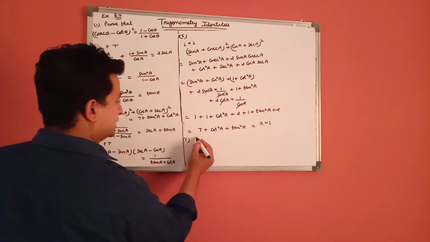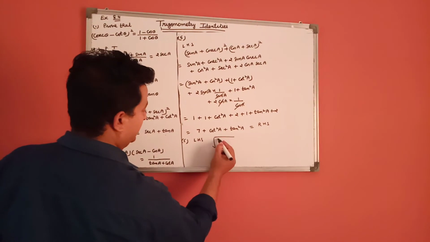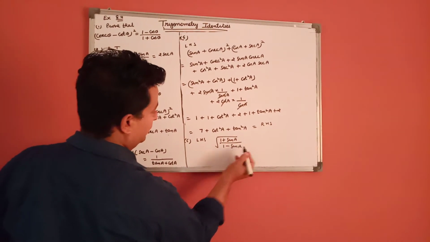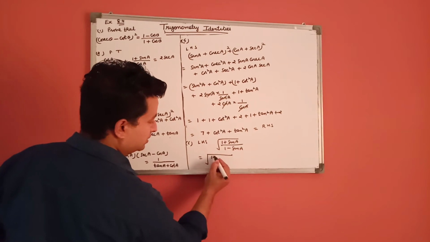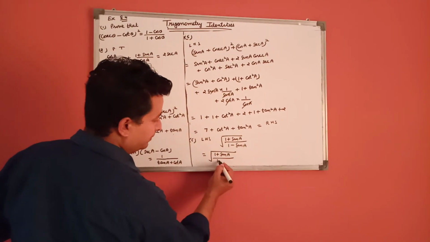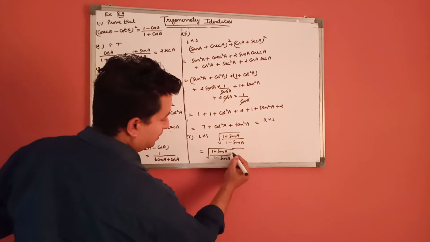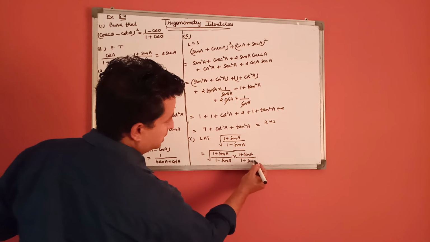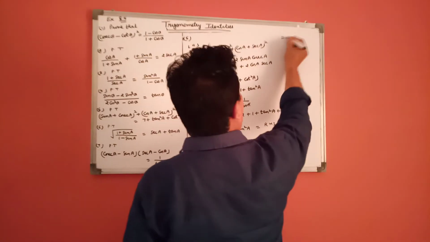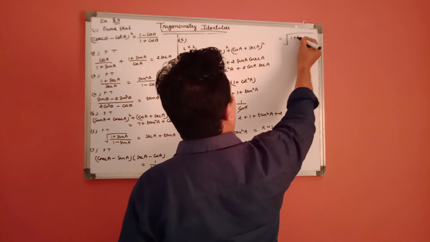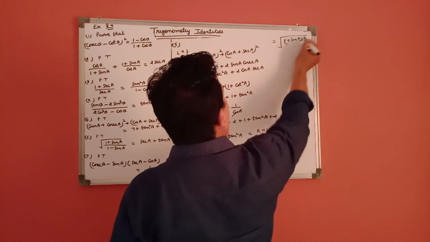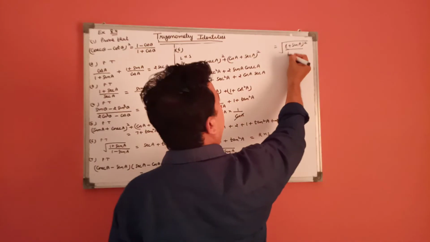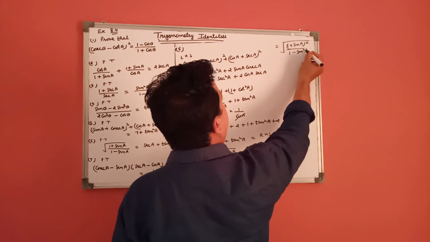In question number 6, the left hand side is root of 1 plus sin A upon 1 minus sin A. When we rationalize this by the denominator, that's 1 plus sin A into 1 plus sin A over 1 plus sin A. In the numerator there is square of 1 plus sin A, and in the denominator there is the identity a minus b, a plus b, so it becomes a square minus b square.